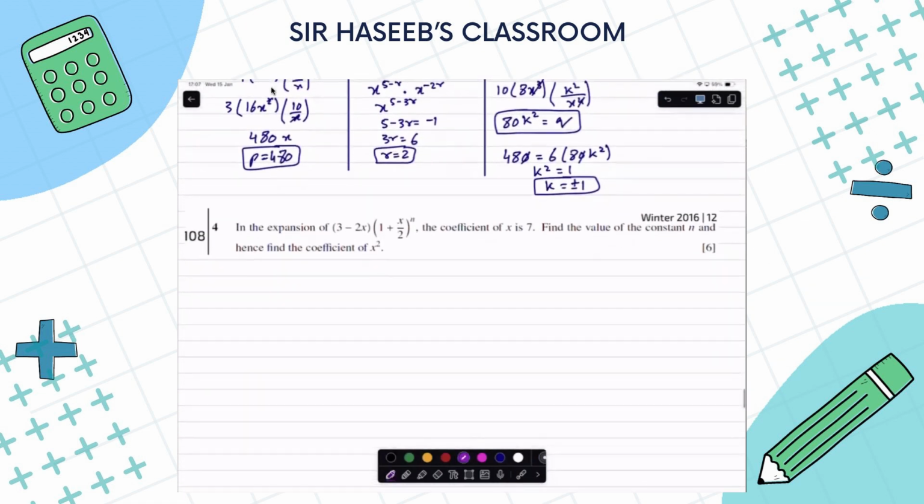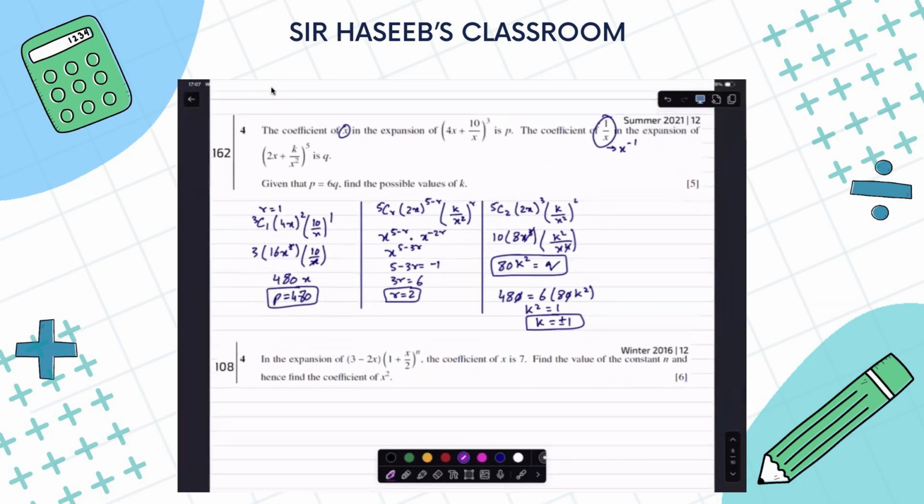Then we have that in the expansion of 3 minus 2x times this, the coefficient. Can you wait just a second? I'm about to finish. Yeah, sure, sure. Complete that.